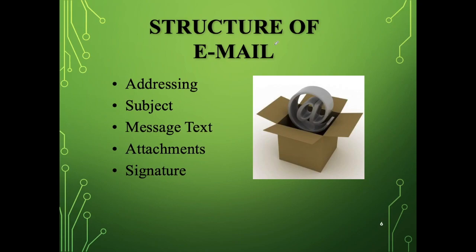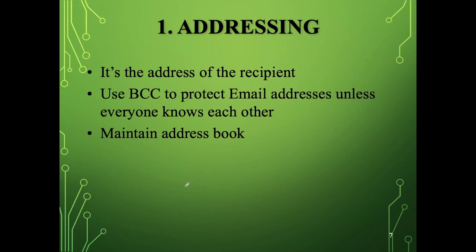Next is the structure of the email, and this is something that you're already familiar with. Just going through it formally, there is addressing, we have a subject, there is a message text body, then we have the attachments, and finally a signature. Let's discuss addressing. It's the address of the recipient.